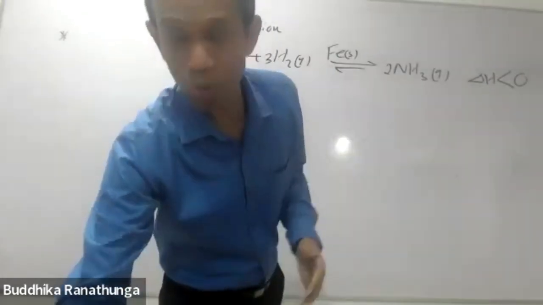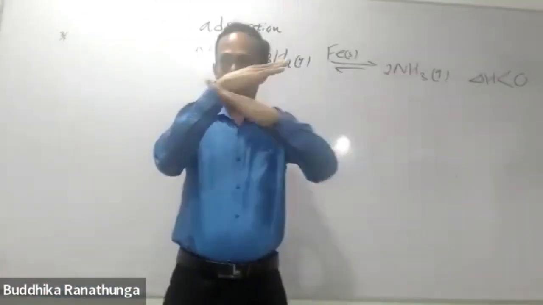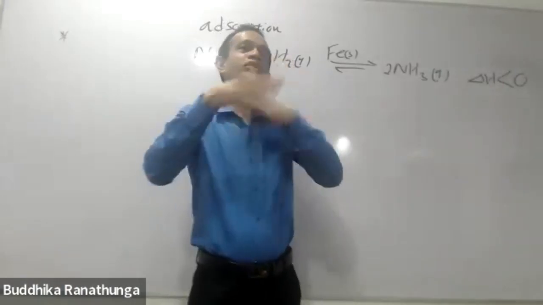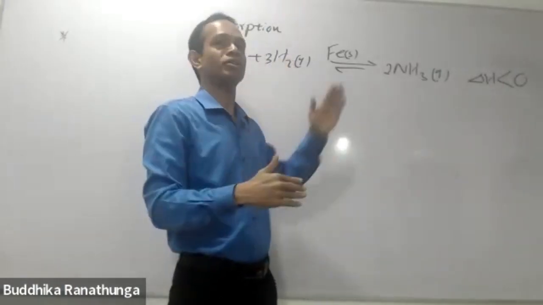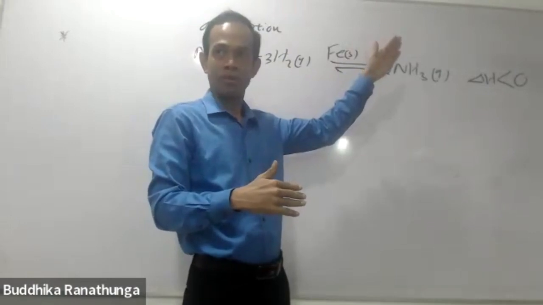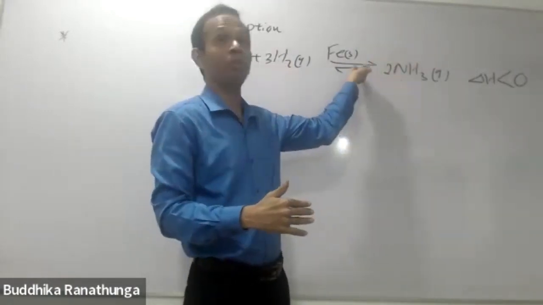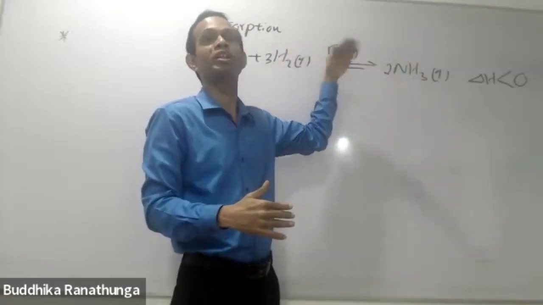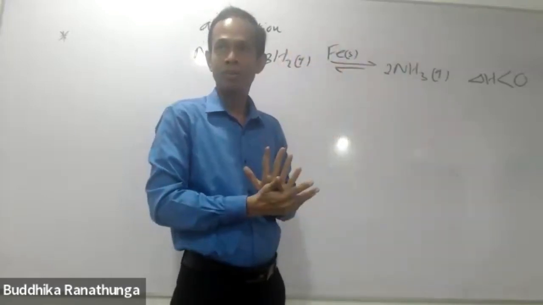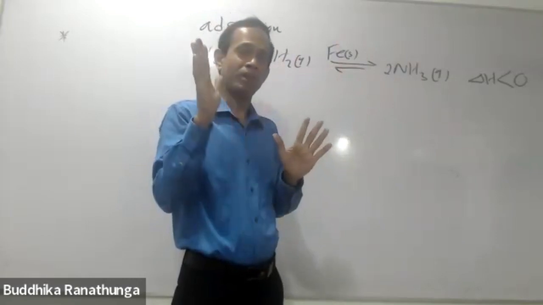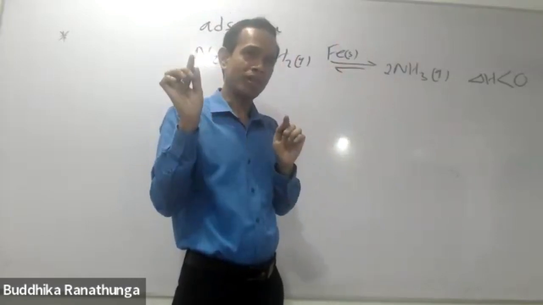Right. Now there are two factors in opposing direction. To get the maximum product, you have to increase the temperature. Right? But when you increase the temperature, the point of equilibrium shifts this way. So then you don't get the maximum product. Wait, I made a mistake.